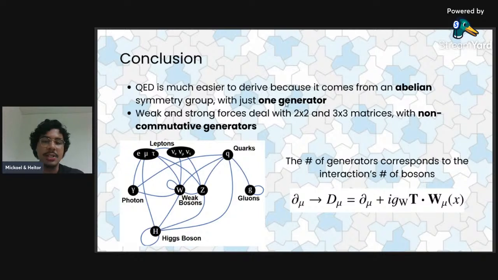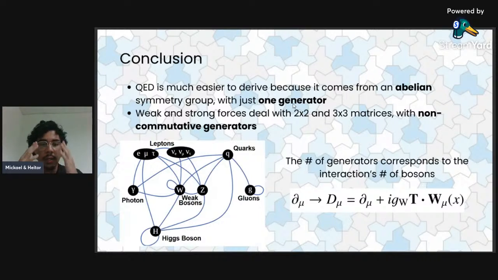What exactly a generator is, is the topic that Mikhail will talk more about. But basically every group has associated with it a number of generators, and U1 has only one generator. So that physically implies that the interaction of U1 will have only one boson.